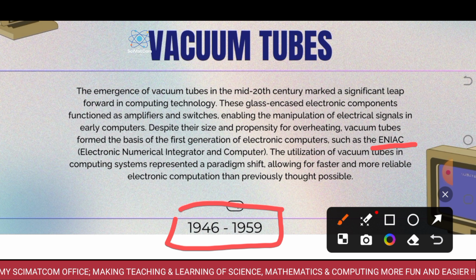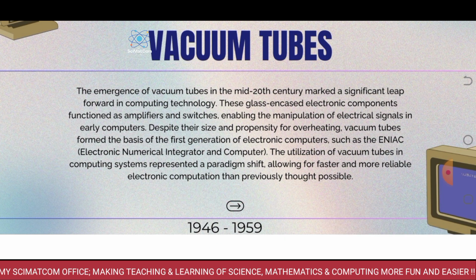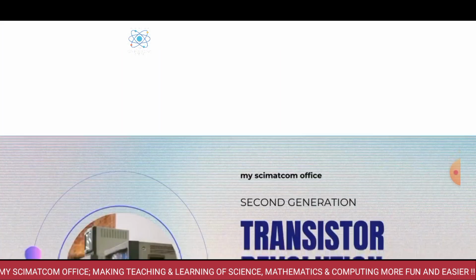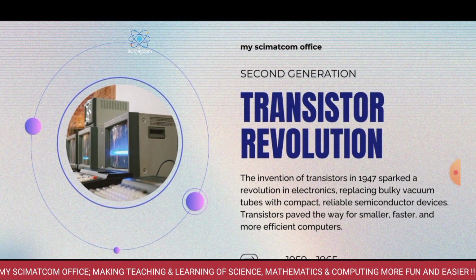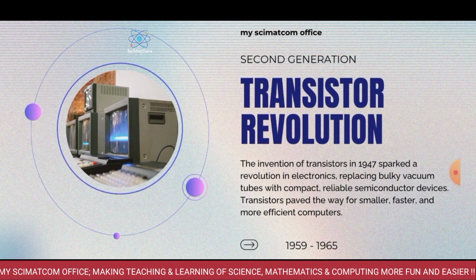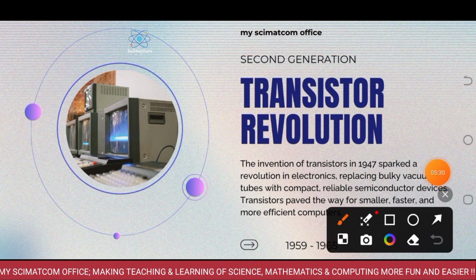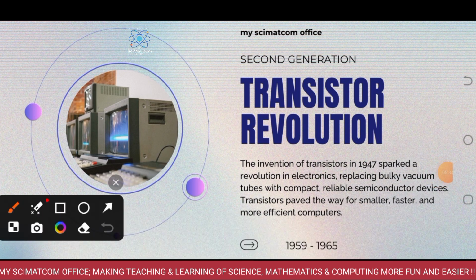Because these vacuum tubes were a little bit expensive and the computers were quite overheating whenever you are using them, they had the idea to create a new computer, and this idea brought about the second generation computers. The second generation computers also came in from 1959.